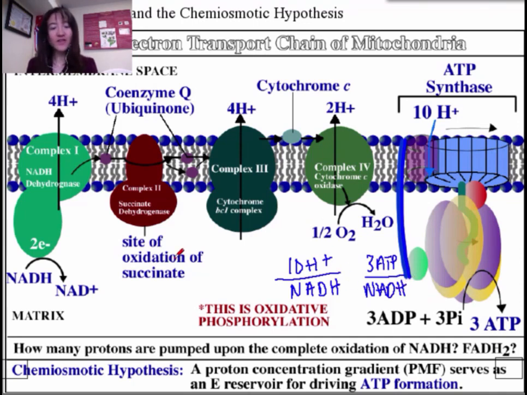We could also do this for FADH2. Recognize, of course, that its electrons do not get contributed to the ETC until complex 2, meaning that they then go to Q, which goes to complex 3, so they pump 4 plus 2, or 6 protons. So another conversion factor, 6 protons pumped per every FADH2, or we could even say per QH2.